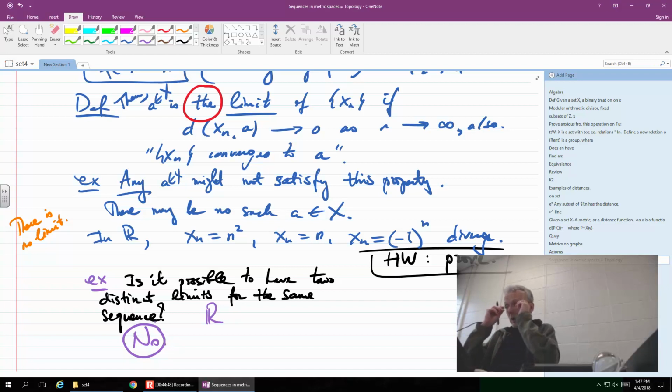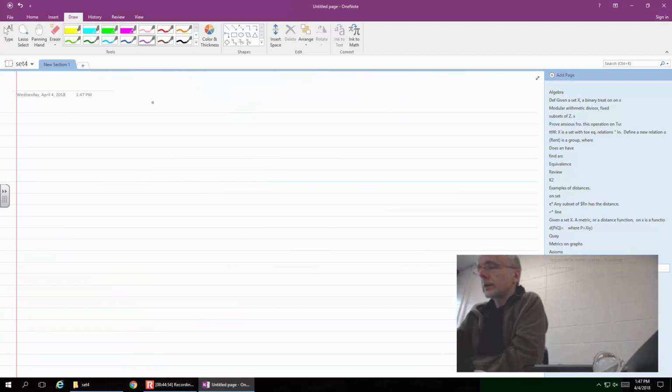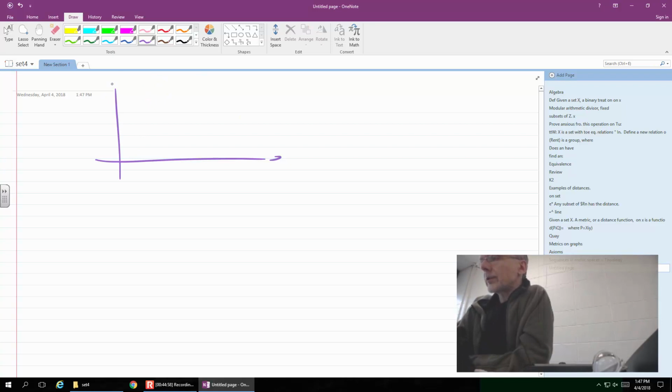In fact, the idea is really uncomplicated if you think about it. If you deal with numbers, just to refresh your memory, if these are my n's and these are my x's, is it possible for two different values to be centers of accumulation of the values of the sequence?